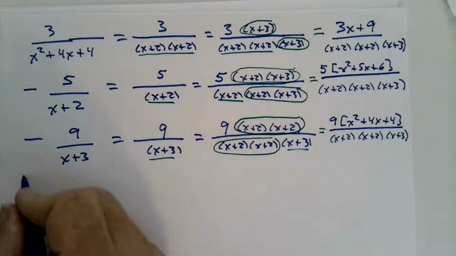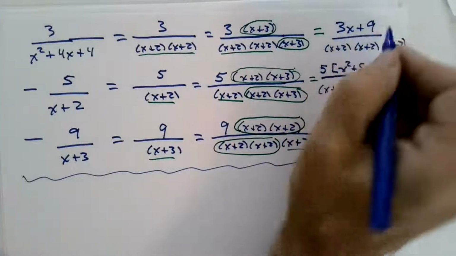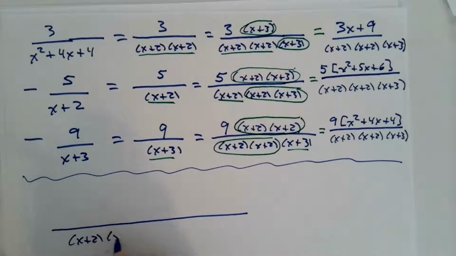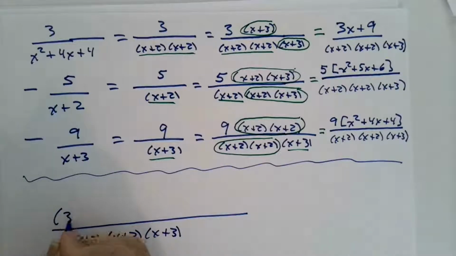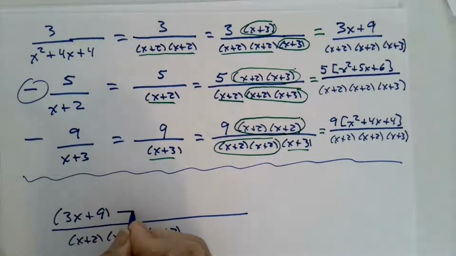So where are we now? We have a common denominator of x plus 2, x plus 2. First piece is 3x plus 9. I'm going to put it in parentheses. Minus the next piece.